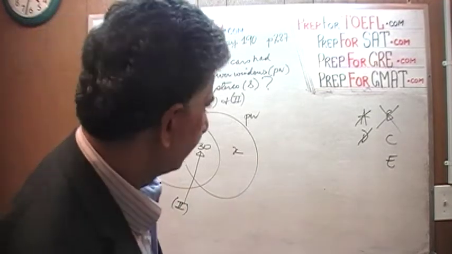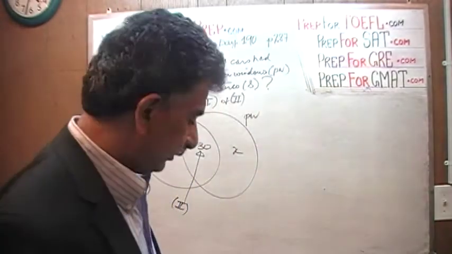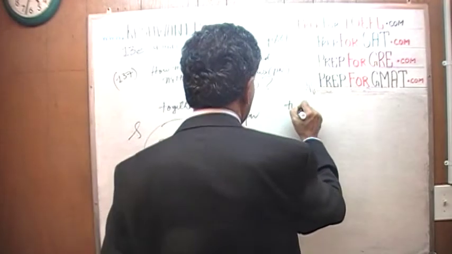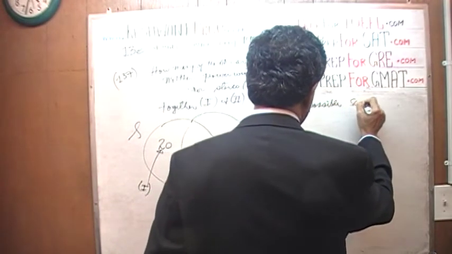Now what does it tell us? When we put them together, it tells us that there are two possible scenarios.